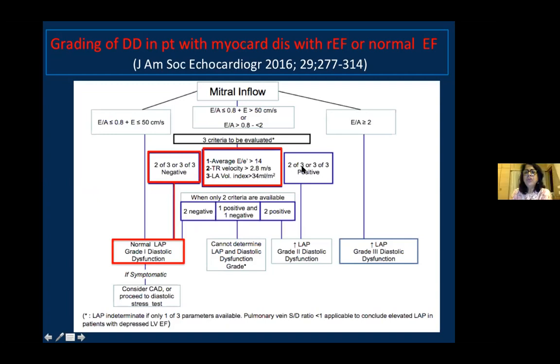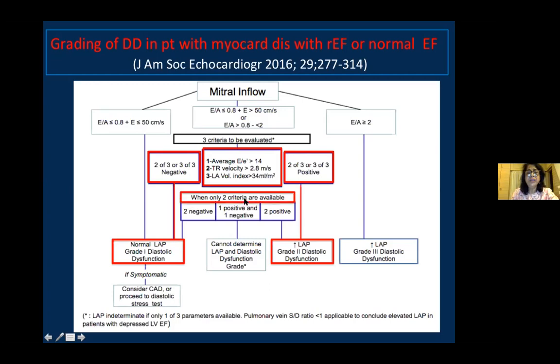If 2 or all 3 are positive, then we say it is a grade 2 diastolic dysfunction with raised LV filling pressure. But sometimes we are not very lucky to get all 3 criteria. The patient might not be having tricuspid regurgitation. You only get 2 criteria for evaluation.